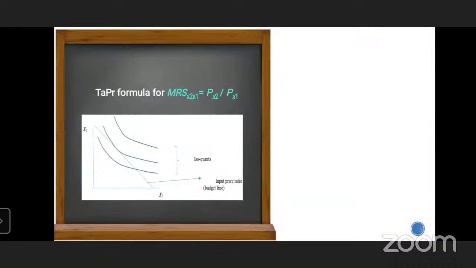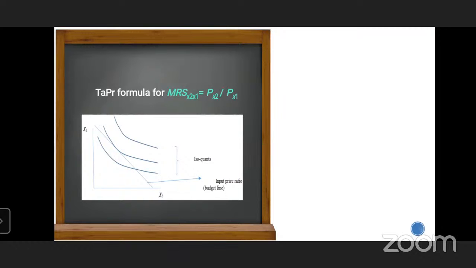Okay. Actually, I had a formula here to explain how to answer this question. I can't use the pointer, but I'll try to explain. Please give a little concentration, because if you understand this formula it will help you to attend these questions very quickly. The code is TaPr, capital T, small a, capital P, small r.